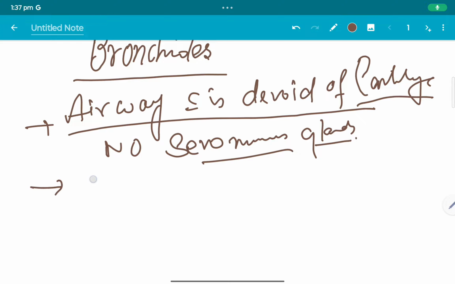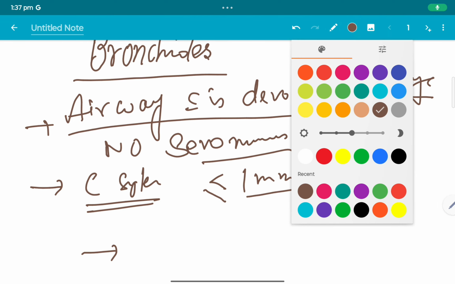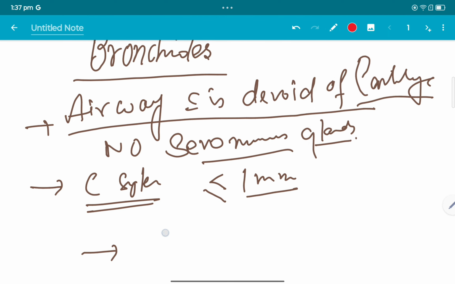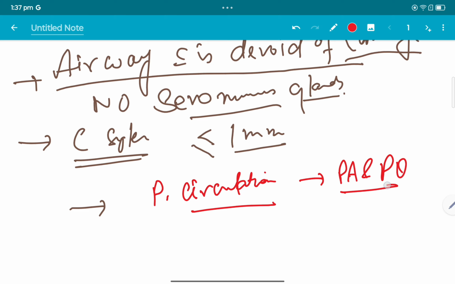These bronchioles are part of the conducting system and have a diameter of less than or equal to 1 millimeter. The difference is that they are supplied with blood from the pulmonary circulation, meaning pulmonary artery and pulmonary vein, rather than from the bronchial arteries.